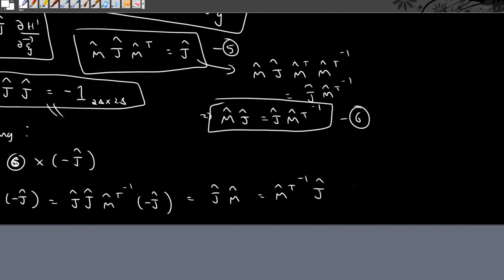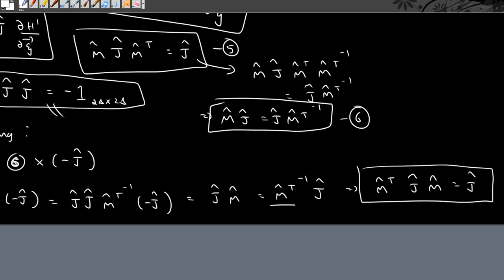So this implies that if I multiply by M̂ transpose on both sides, I will get M̂ transpose Ĵ M̂ is equal to Ĵ. Okay, this I am going to call equation 7.